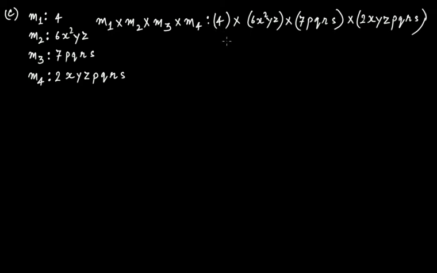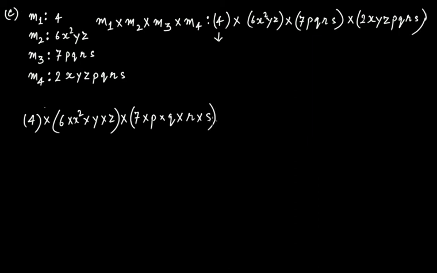Now this 4, just write it as 4, then multiplication sign. This is 6x squared yz, so it can be written as 6 multiplied by x squared multiplied by y multiplied by z, then multiplied by 7 multiplied by p multiplied by q multiplied by r multiplied by s, then multiplied by 2 multiplied by x multiplied by y multiplied by z multiplied by p, q, r, and s.